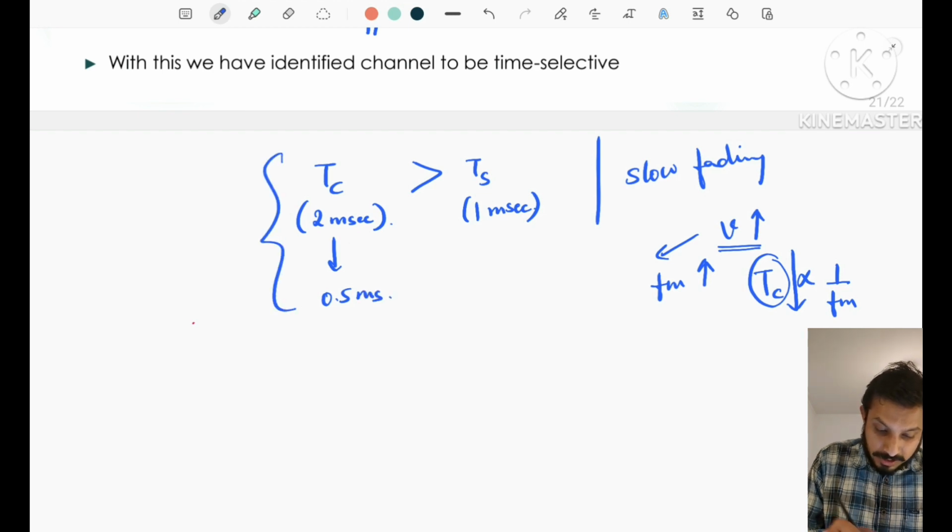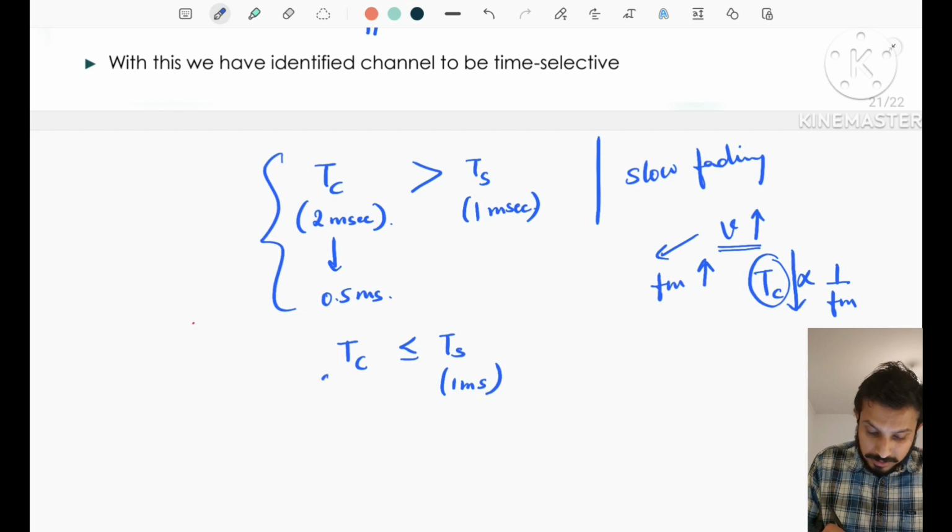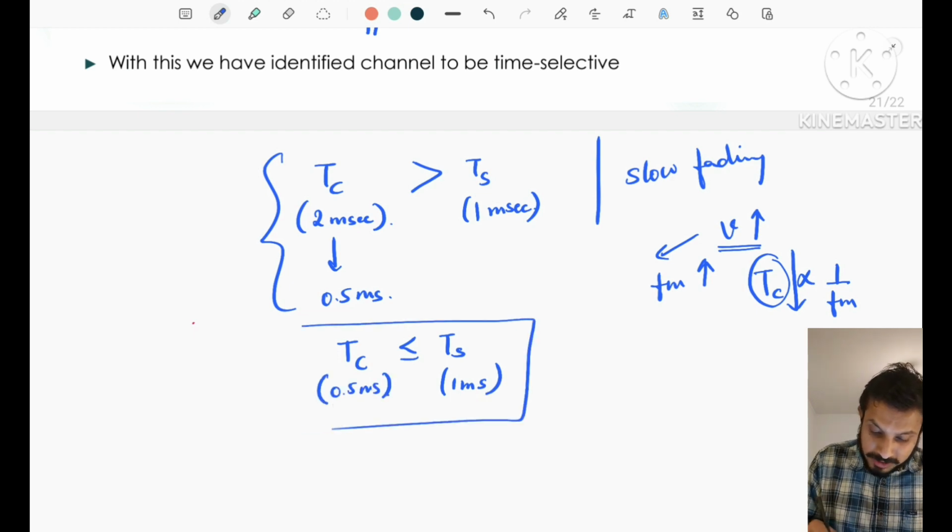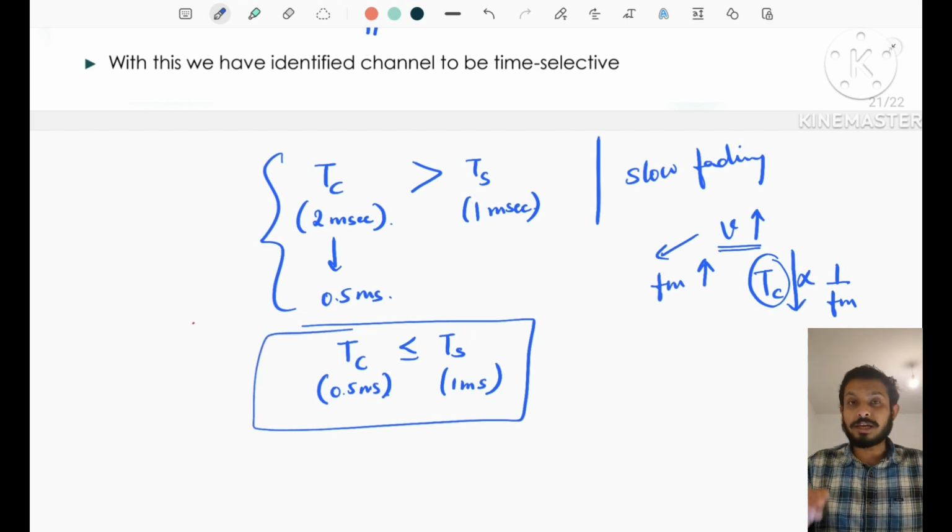Now the situation has changed: Tc is now less than or equal to Ts, which is 1 millisecond. From this example, we have seen how an increase in velocity changes the channel from a slow fading channel to a highly fluctuating channel, that is, fast fading.